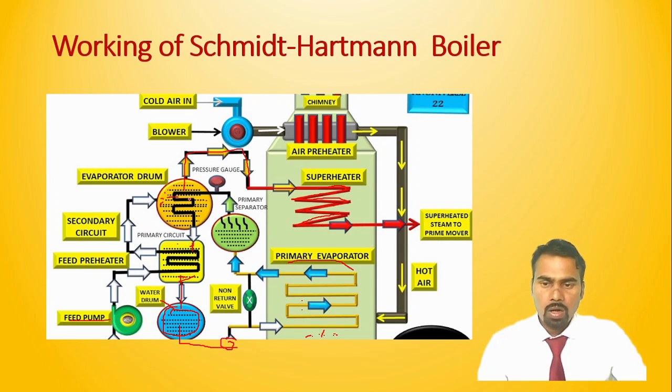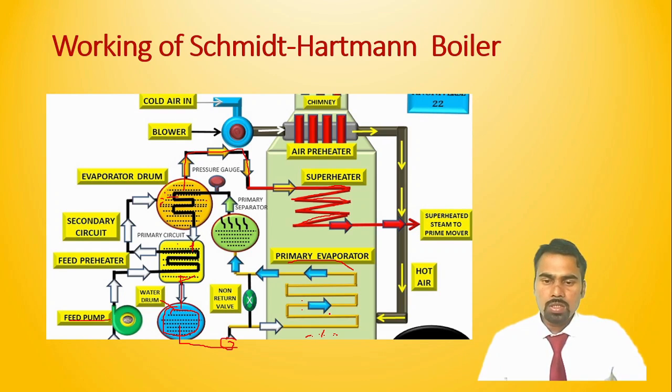Now after giving heat, this water enters into the feed preheater, where again heat exchange takes place between this cold water and this steam, and it is converted into condensate or liquid. So in this way the secondary circuit is also completed.